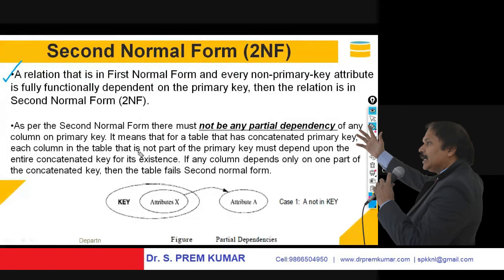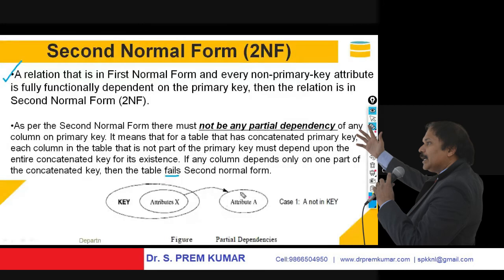Each column in the table that is not part of primary key must depend upon the entire concatenated key for its existence. Concatenated keys are nothing but composite, multiple keys. If any column depends only on one part of the concatenated keys, then the table fails second normal form.